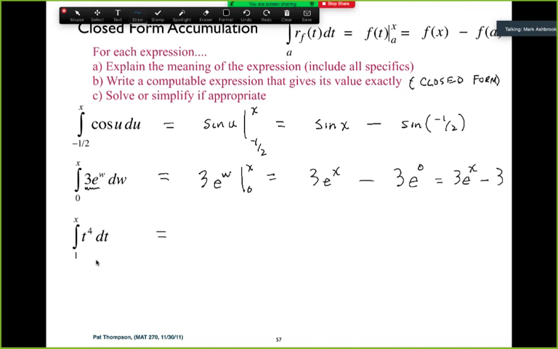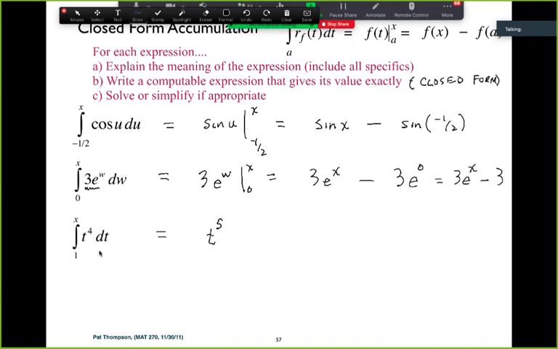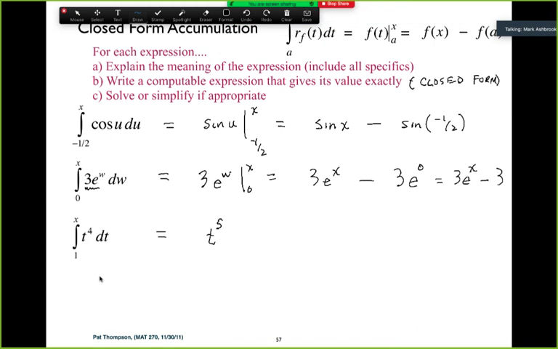Remember the power rule for derivatives: you reduce the power by 1. So here we're going to raise the power by 1, right? The derivative of t to the 5th is going to be something to the 4th. So the power rule for derivatives means reduce the power by 1, so for the antiderivative, we gain the power. So is this correct? Antiderivative? It's t to the 5th.